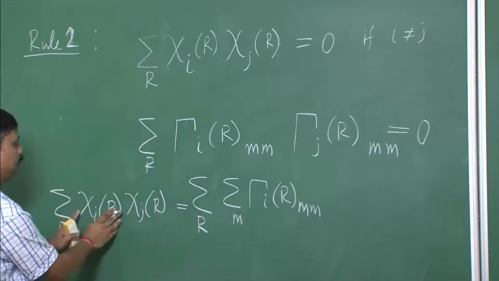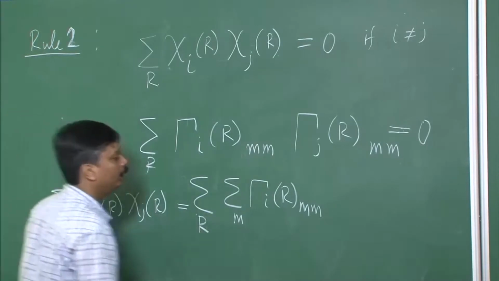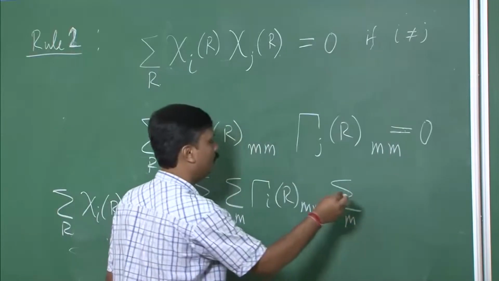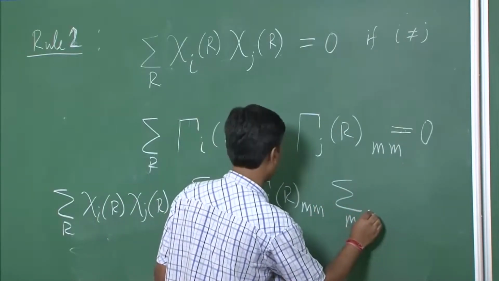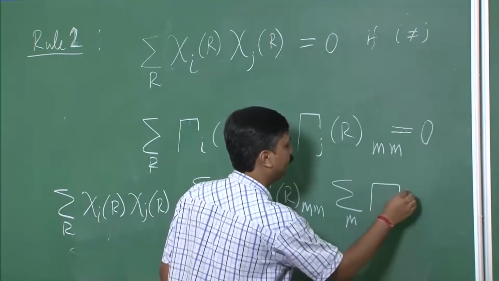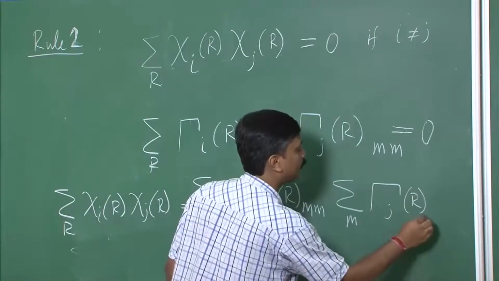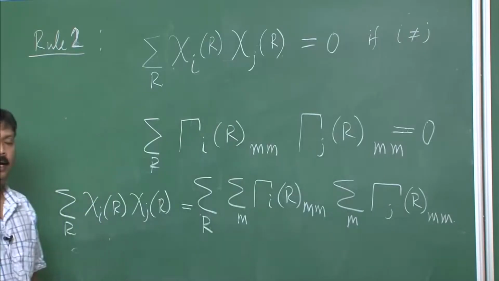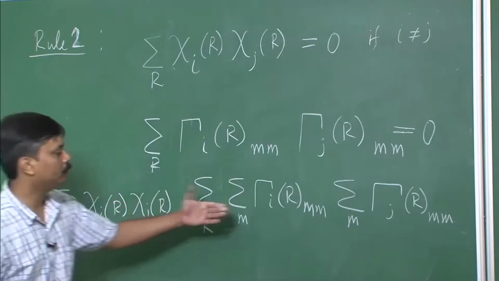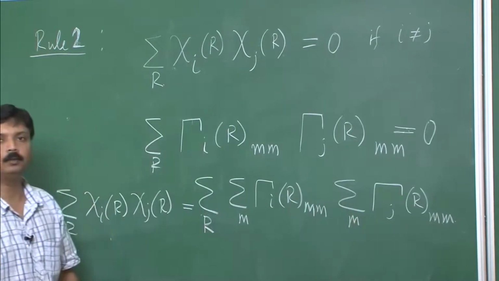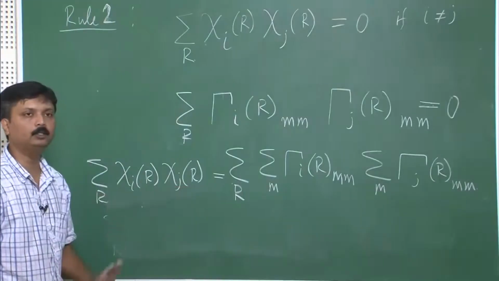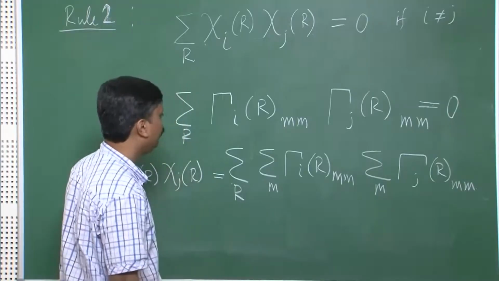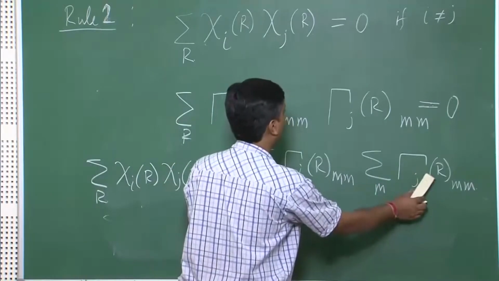So this part is chi I of R, and if I again sum it over m for j, I get the character for the jth irreducible representation, right. This part I have already seen.